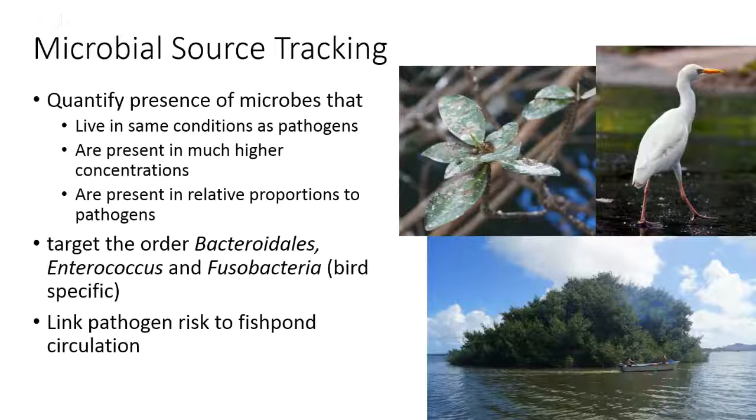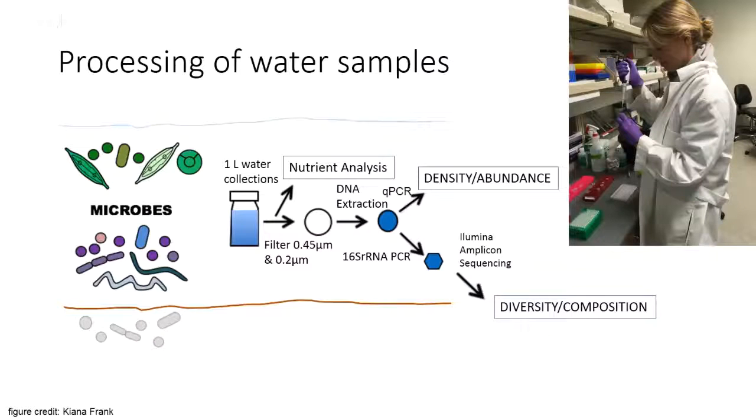So we took those water samples back to the lab, and they were processed for the analysis of nutrients and also for the analysis of DNA to be able to quantify the abundance and diversity of bacterial composition in the fish pond. And we are using the 16S gene that is basically conserved in all bacteria, so you can use it to ID bacteria in different ways.